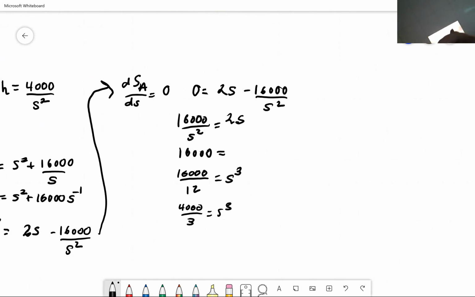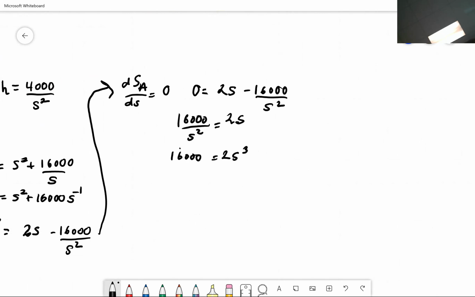And then when I divide over here, we're supposed to have this. And then we still multiply. So we end up with 2S to the third equals 16,000. And you divide it by 2, 8,000. Right?